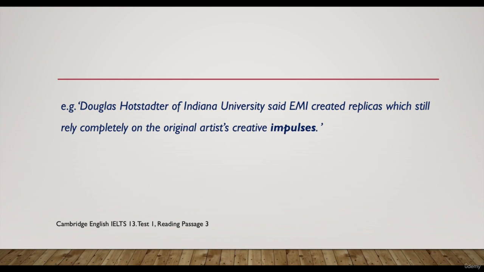So when we talk about artists' creative impulses, we mean that artists get a sudden strong wish to create something, to create music in this case, right? And this computer program just replicated those creative impulses.